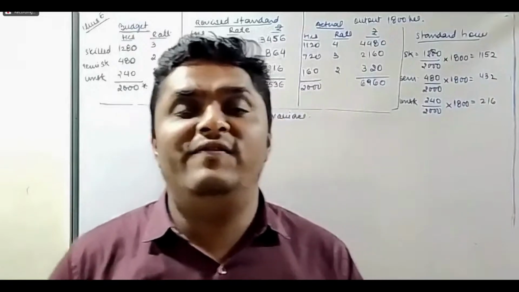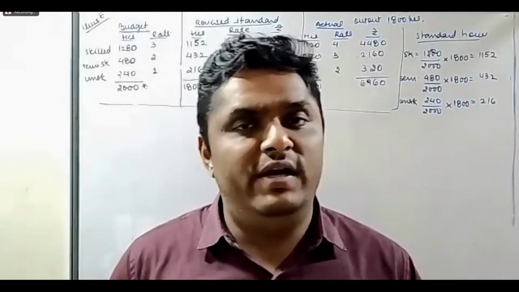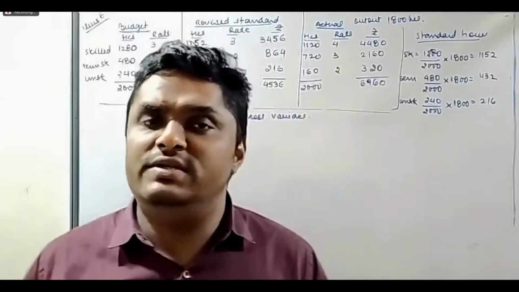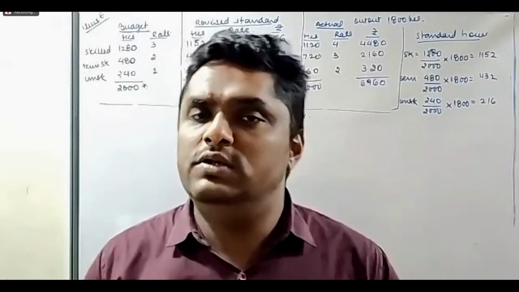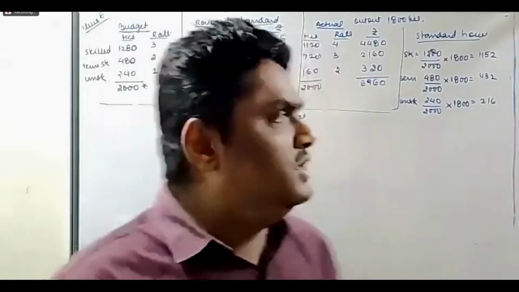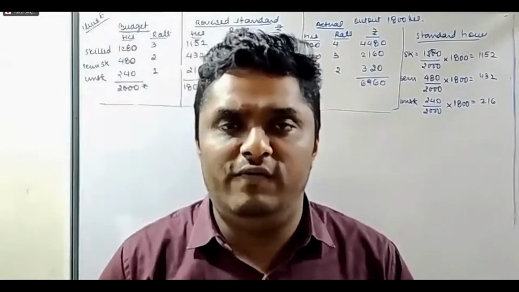In study material, few questions are solved using a different way. So I'll be using the same approach for all the questions that I'll be discussing for material and labor. And fixed and variable overheads also you can solve in a similar way. If you present the solution in this way in exams, you'll get full marks.